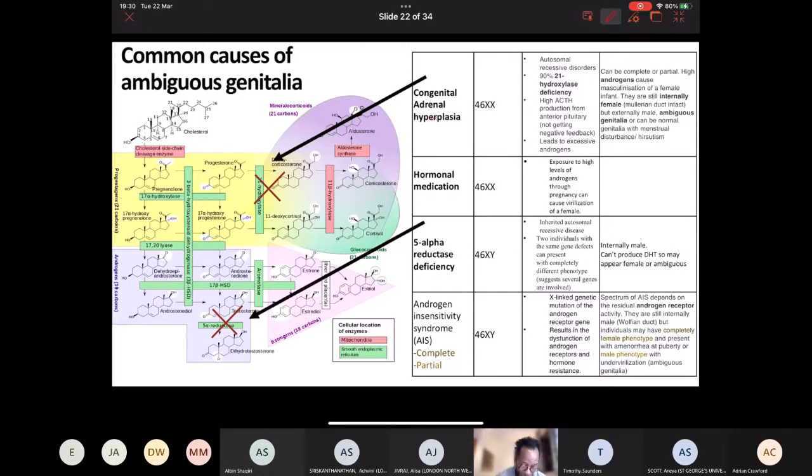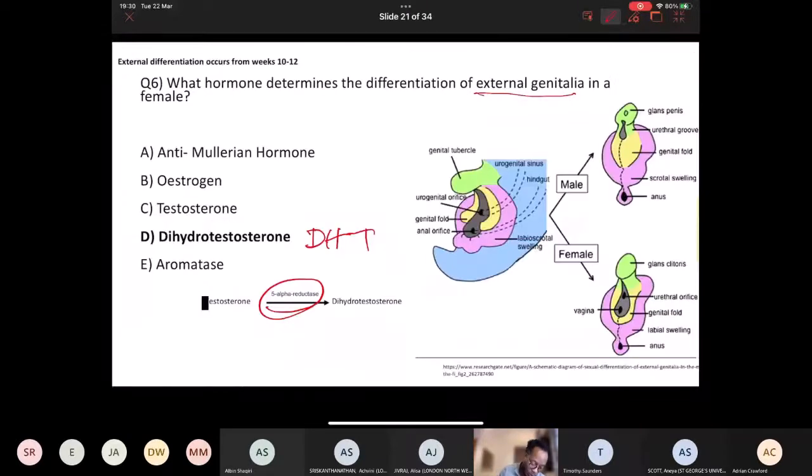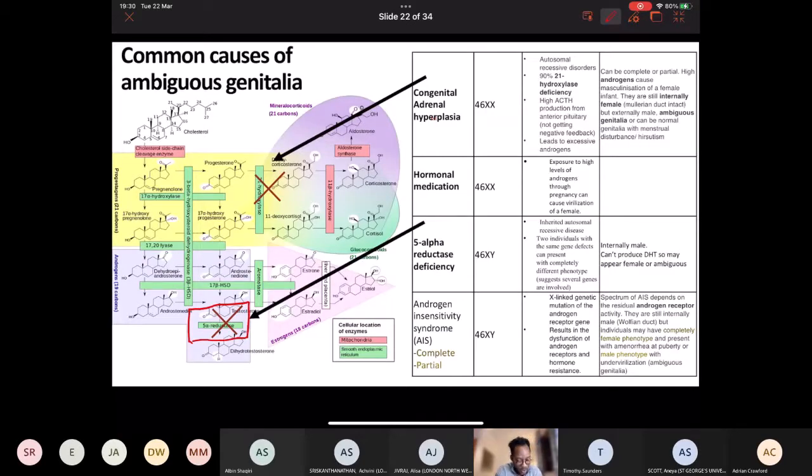If you don't have 5-alpha reductase, you won't be able to produce DHT, which is a powerful form of testosterone changed by 5-alpha reductase, and that helps in the expression of external genitalia. Without that, you can get ambiguous genitalia.